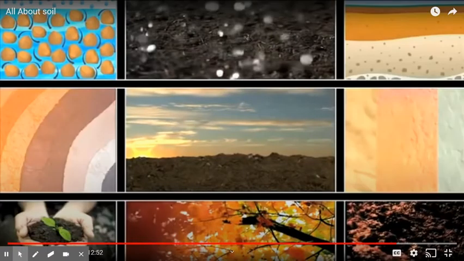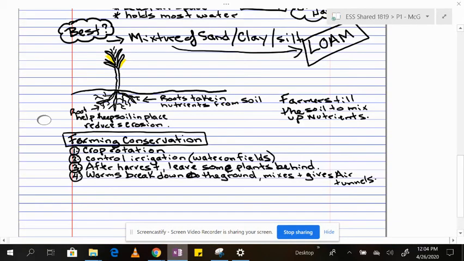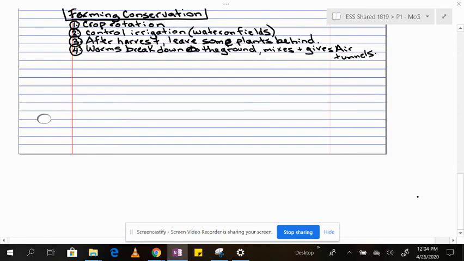All right, let's go ahead and go back. Let's go and finish up as far as the uses that we have for soil. So, uses for soil. All right, the main obvious one is going to be agriculture.